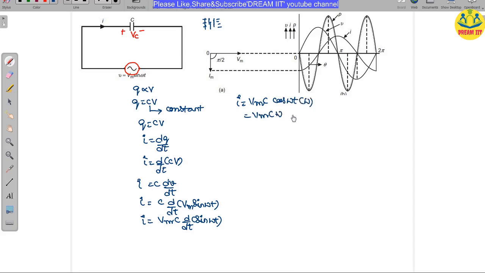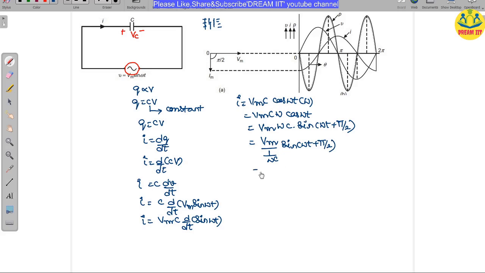So Vm omega C cos omega t. Cos omega t can be written as sine of omega t plus pi by 2, is it right? And I can write Vm by 1 by omega C into sine of omega t plus pi by 2.